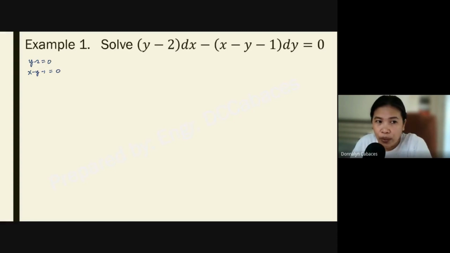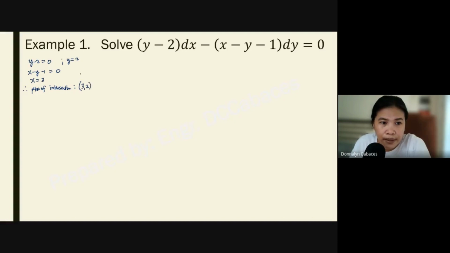From the first equation, y is equal to 2. Substituting it to the second equation, if y is 2, then x is equal to 3. Therefore, the point of intersection is (3, 2).